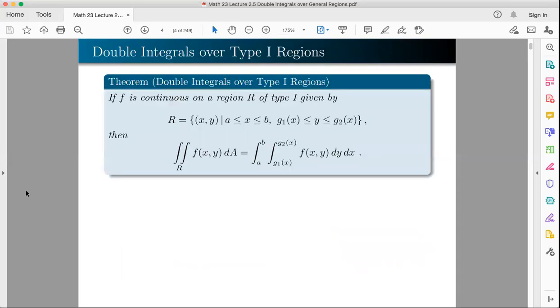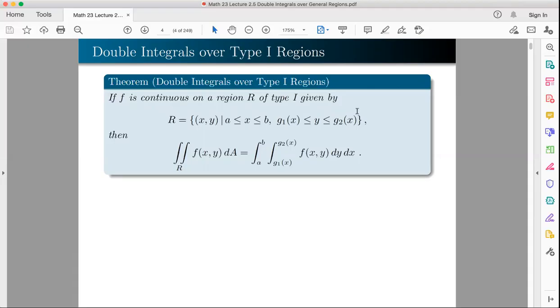If in particular our region R is a type 1 region, so recall that a type 1 region will have scalar bounds on x, so x is from a to b, but the y is bounded below by a function g sub 1 of x and above by a function g sub 2 of x.